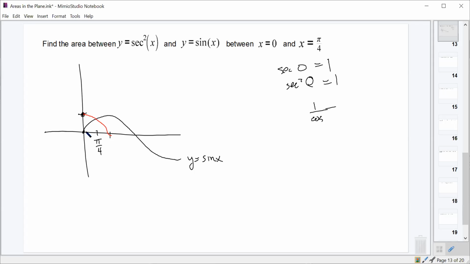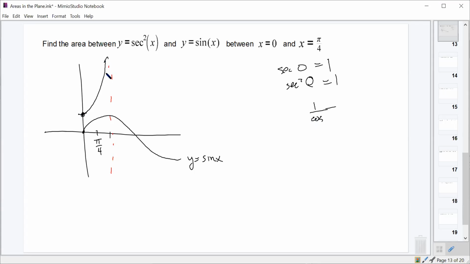What should secant be doing? It's going to be a lot bigger than sine x, y equals sine x. It's going to be increasing, right? In fact, when cosine is 0, 1 over that 0 would be infinity, which should tell us that we actually have an asymptote up here, and that secant, or secant squared for that matter, is going up towards an asymptote at pi over 2.